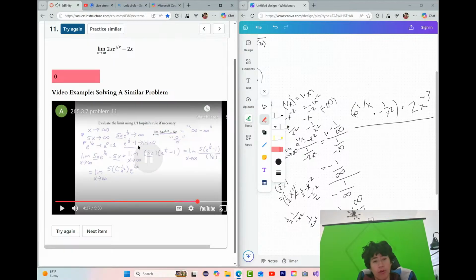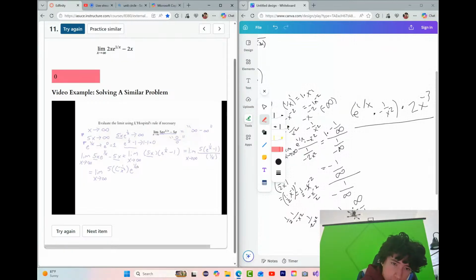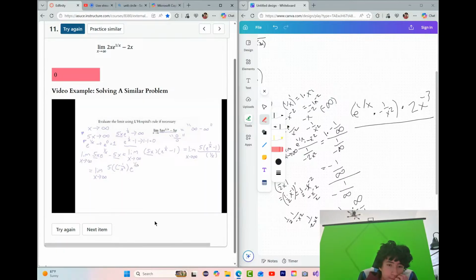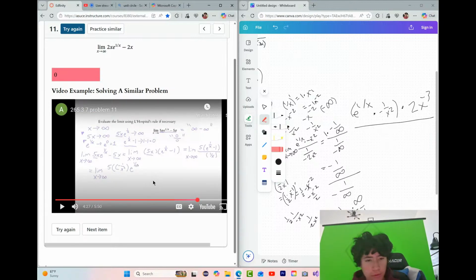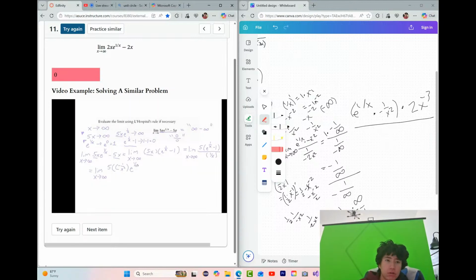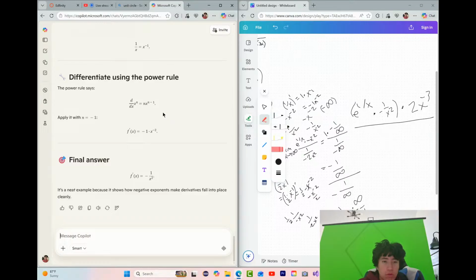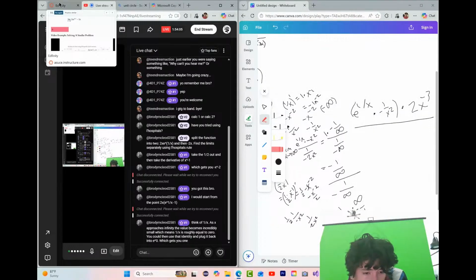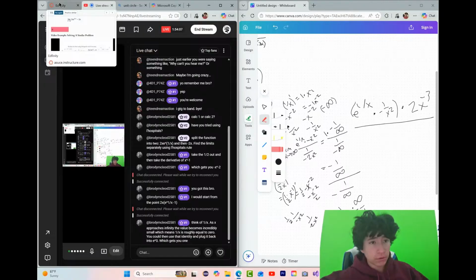Wait, the derivative of 1 over x is negative 1 over x squared? Wait, why? Negative 1 over x squared. Interesting. Yeah, I know, thank you.